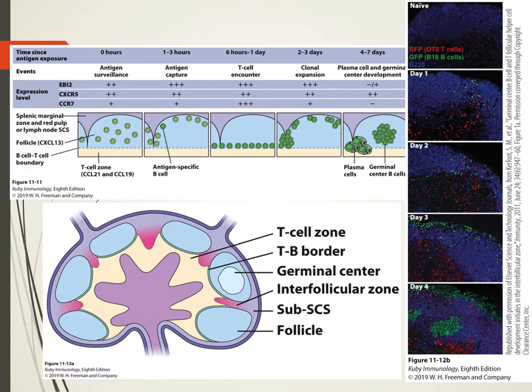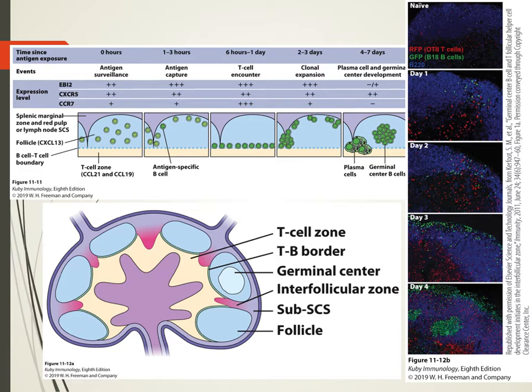One of the important things I think this figure adds is the time frame for this. So again, think of this as a snapshot, and each day they're taking a snapshot to see what's happening. And so if we're looking on the right side in our immunofluorescence panels, we can see in the red we have our T cells, and then in the green we have the B cells.